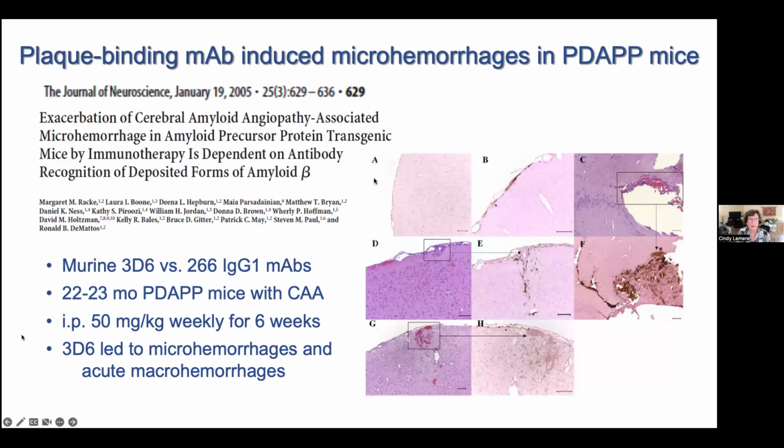And following that, Margaret Racke and Ron DeMattos showed that they compared the bapineuzumab antibody precursor called 3D6 with the solanezumab precursor 266. And they found that 3D6 resulted in microhemorrhages and even some macrohemorrhages. And this was in the PDAPP mouse model at quite old ages.